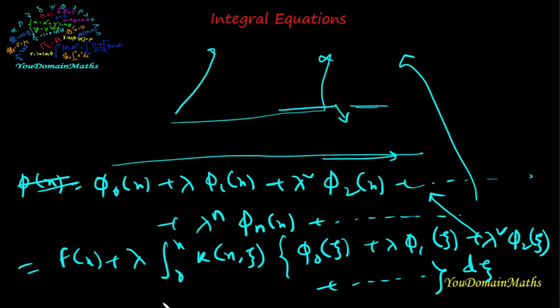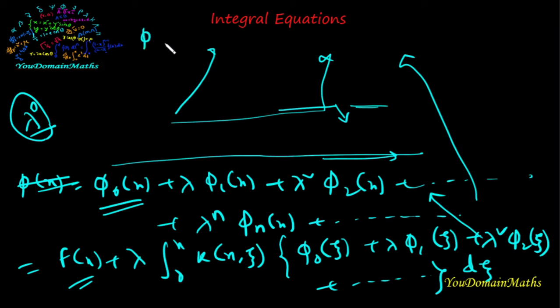So now equating the coefficients of like powers of lambda, this is the coefficient of lambda to the power zero, that means the constant terms, and these are the constants in terms of lambda.